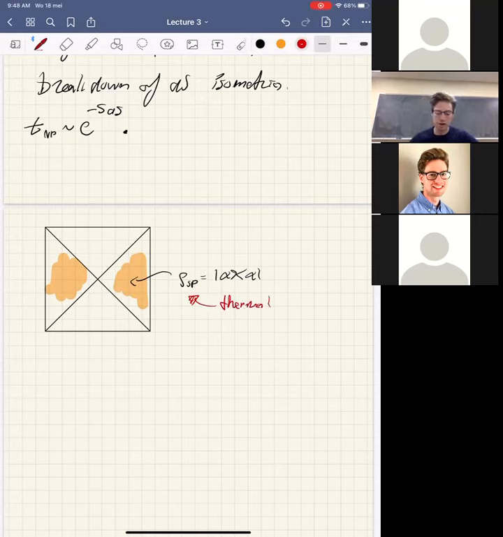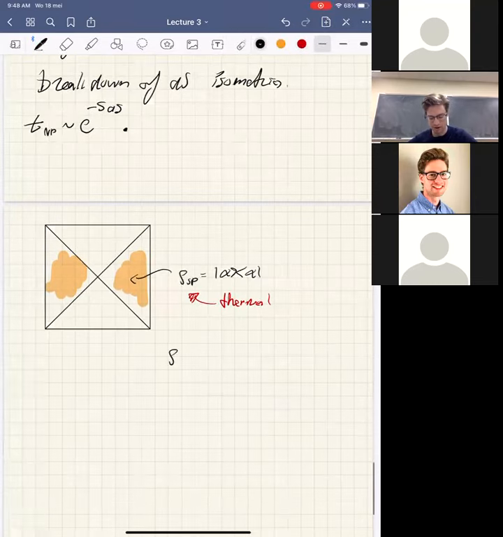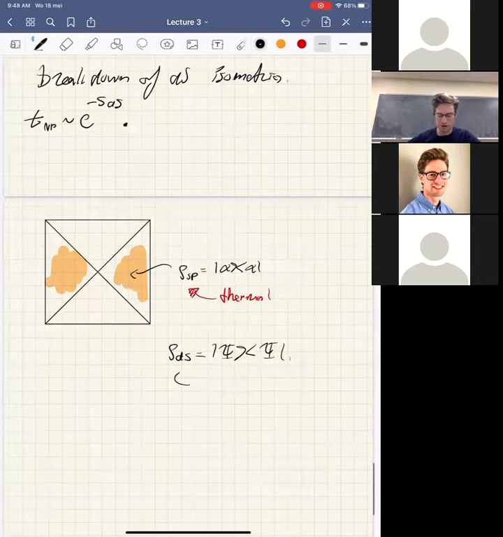What you can do is introduce this second copy, this other static patch, to define a density matrix of the total state. Let's call that the de Sitter state, psi. If you look at the von Neumann entropy associated with this total state, it is 0, because you can define the state to be pure.